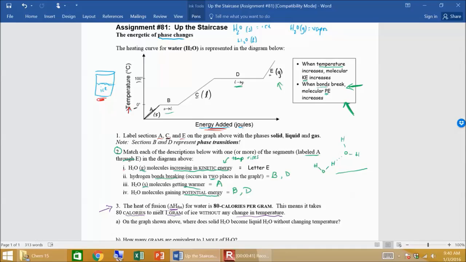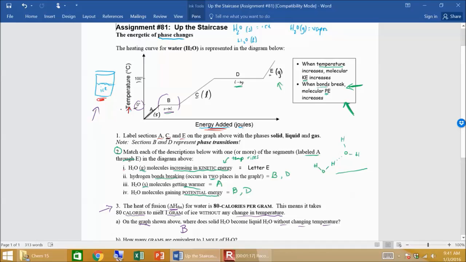But if you look at our graph here, where does solid become liquid without changing temperature? That's this part B here, right? Here the temperature is 0 degrees Celsius, and we're going from solid to liquid. And so there is a time when all the energy from the heating element will be going into breaking bonds rather than raising the temperature. That's the phase transition. That's B.